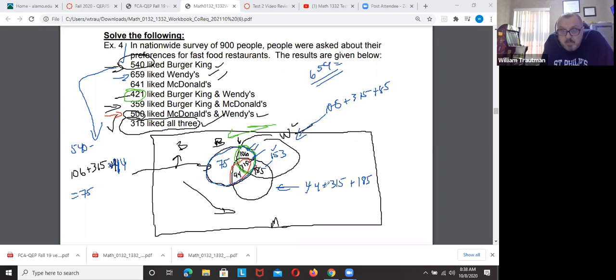And in McDonald's altogether, it has to be 641. Then I'm going to subtract all of this. So 641 minus 44 minus 315 minus 185. And there are 97 more here.